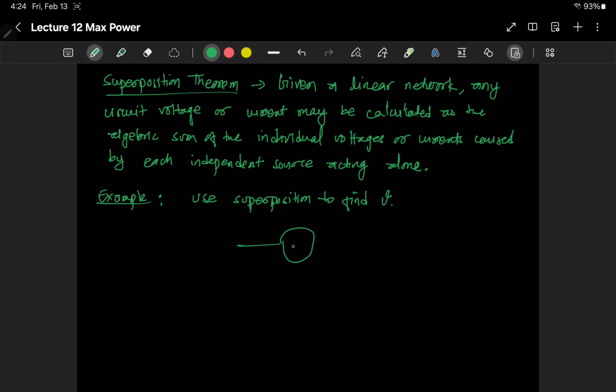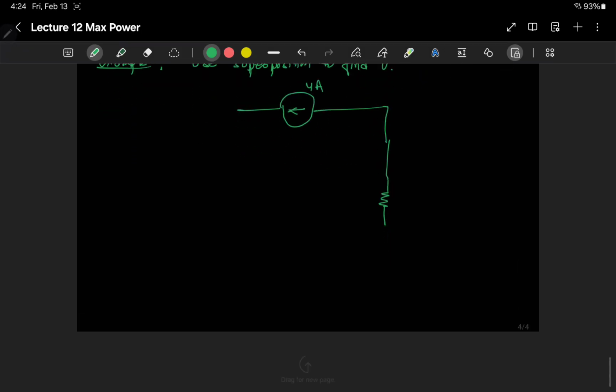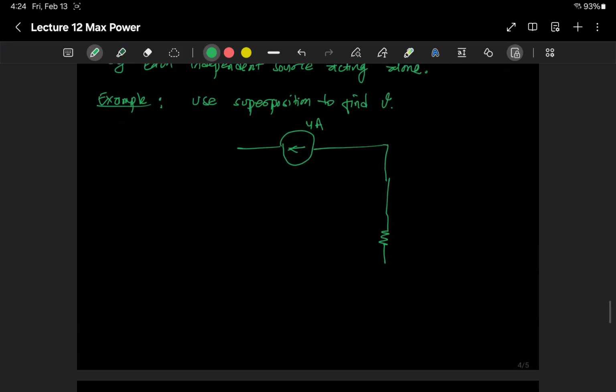You have a current source with 4 ampere, and then you have a voltage source that is 110 volts.